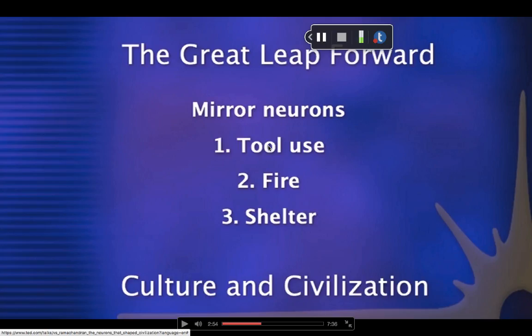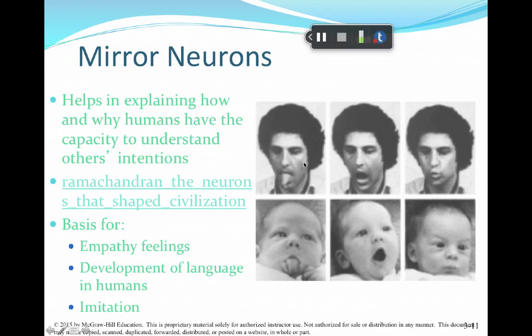Now, let's look at culture, the phenomenon of human culture. So we'll start with the point about imitation, and I think that as you can see in this image right here, this is a researcher named Andrew Meltzoff, and what he found was that even when babies are just born, they can imitate.